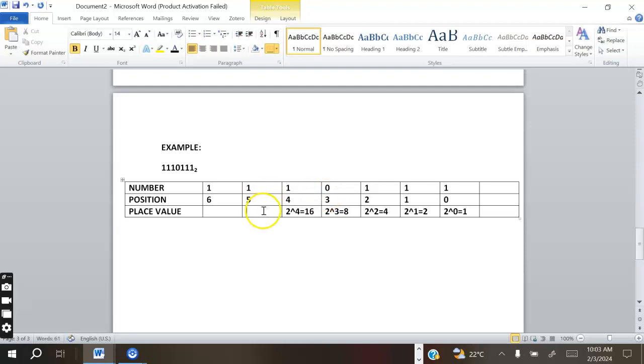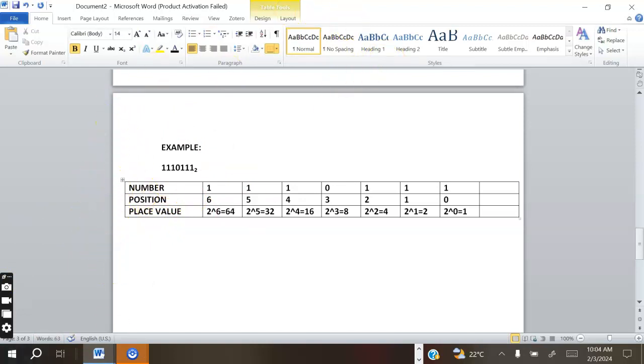Then 2 raised to power 5 is supposed to give us 32. And lastly, 2 raised to power 6 is giving us 64.